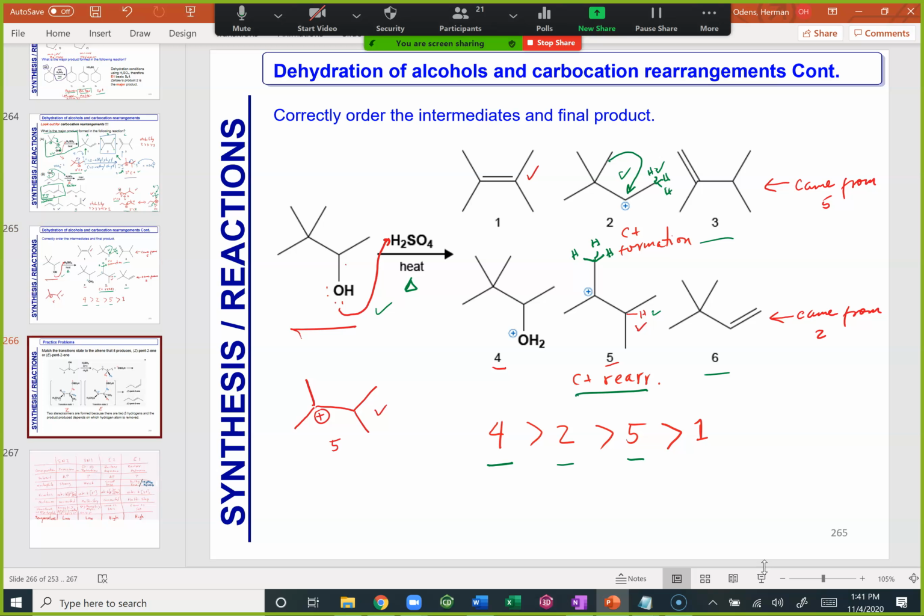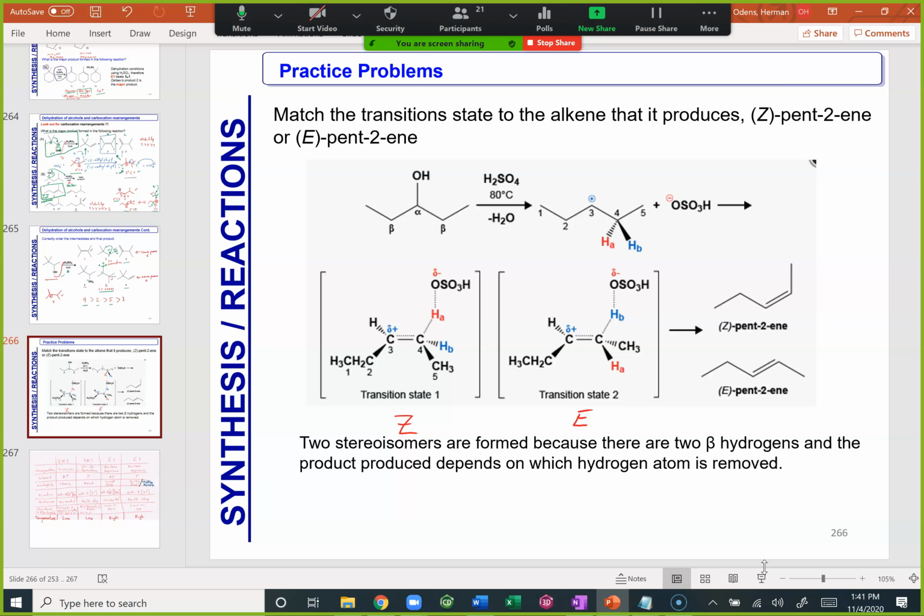All right. So the last slide just tells you that whenever you see the formation of a carbocation and the ability to form a geometrical isomer alkene, think about E and Z or trans and cis. So that's what I'm saying here.